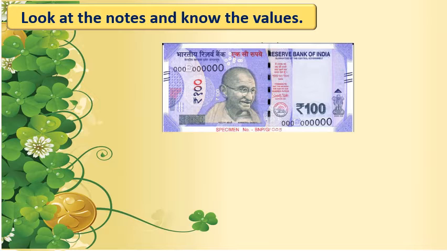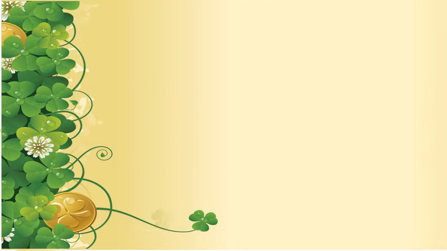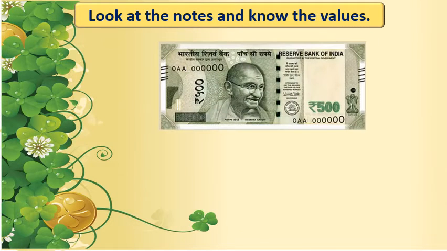See dear students, here how rupee is written, isn't it? That symbol you also can use wherever you want to write about the money. Okay. This is new 200 rupees note. This is 500 rupees note.